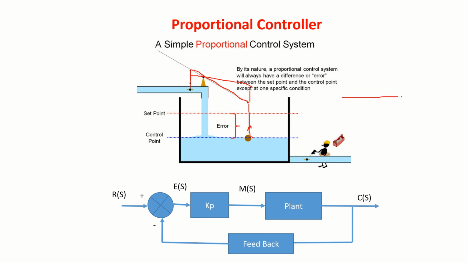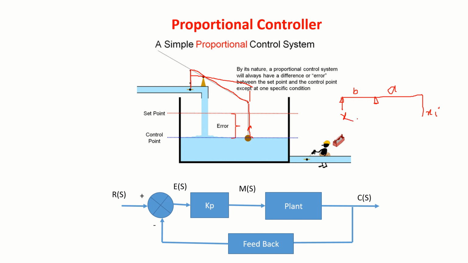Suppose I just consider a lever like this, and hinge point like this, let us say this is some xi and this is say x naught. Let us say this is b, this is a.